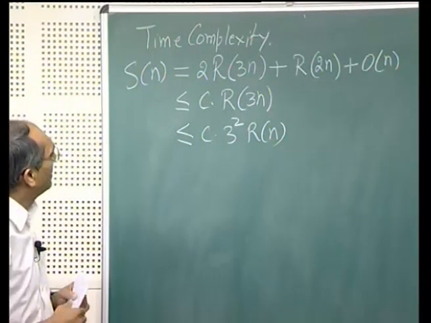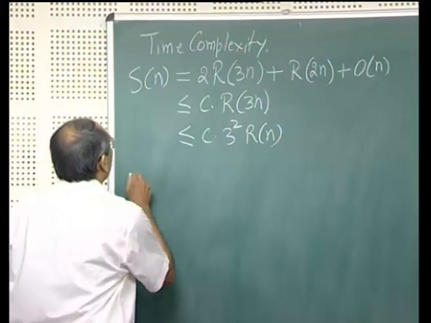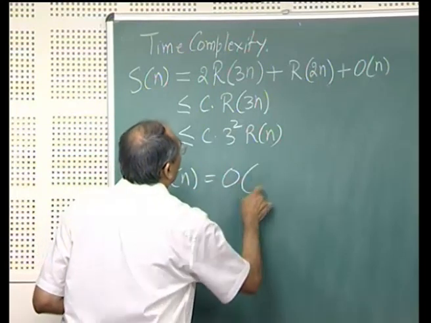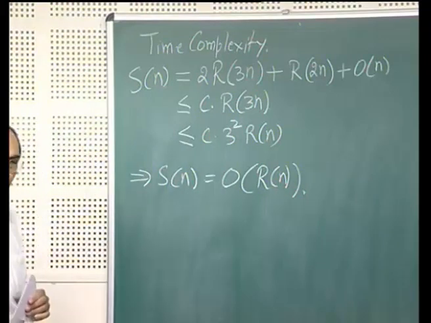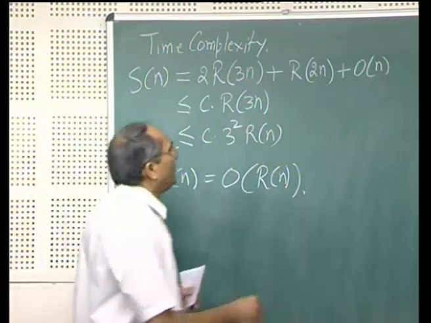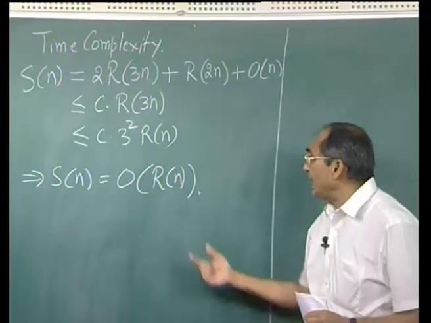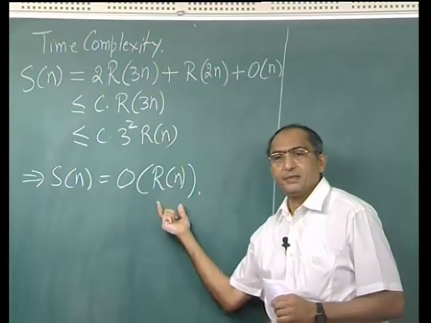You can do in quadratic term. So, this is less than that. So, S of n is of the order R of n. Okay. So far we have managed to bound Rn by Mn and Sn by Rn.